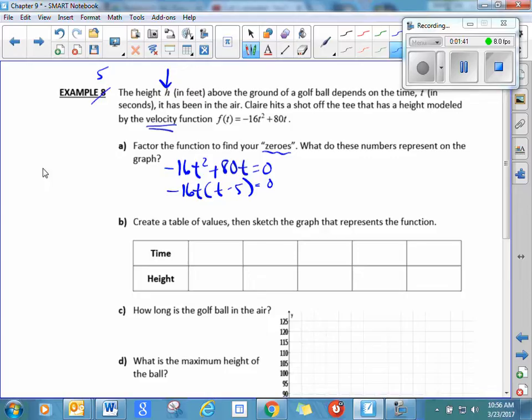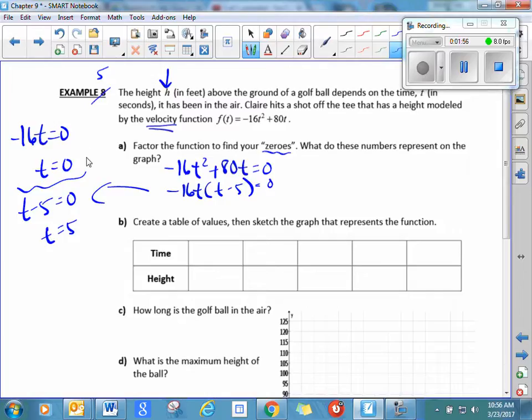Set each one of the factors equal to 0. Minus 16t is equal to 0, or t is, of course, equal to 0. And the second factor would be t minus 5 is equal to 0, so t is equal to 5. So this is 0 seconds and 5 seconds.